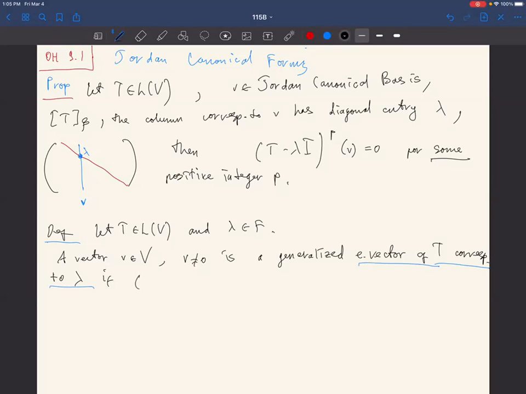So if T minus lambda times the identity to some power p evaluated on V gives us 0. Almost the same thing as usual for eigenvectors, but p, the power, is now allowed to be any integer, not just 1. In this case, we say that the vector is a generalized eigenvector.